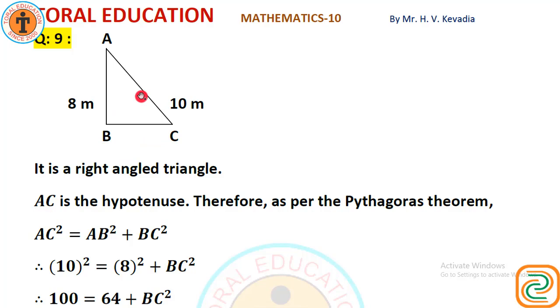Length of ladder is given, 10 meter. Simple Pythagoras, because this is a right angle triangle. AC is the hypotenuse. Therefore, as per the Pythagoras theorem, AC square equals AB square plus BC square.